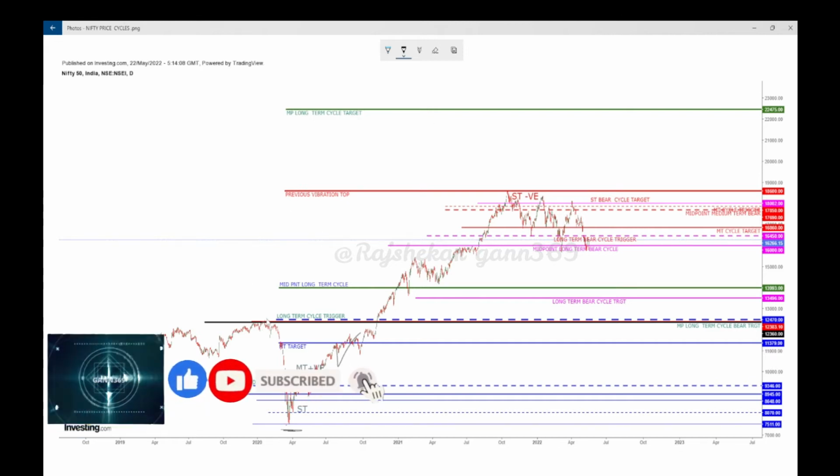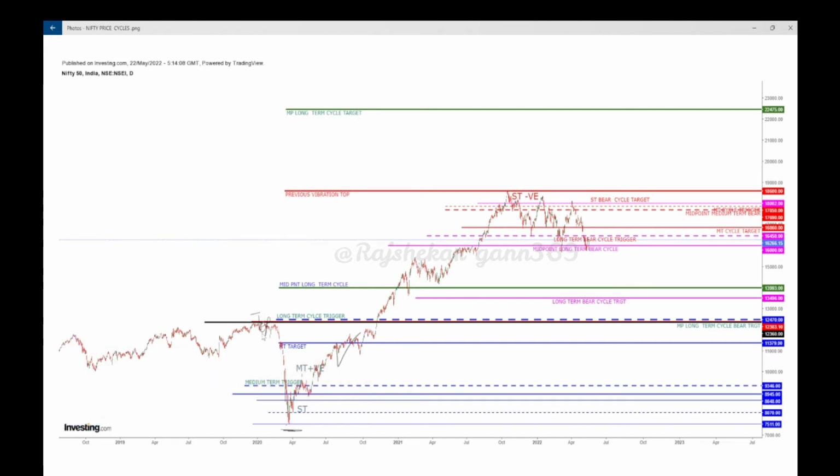So after we had this top some time back, we had a combination of bear and bull cycles and it dropped till here. And from this level to this level, this blue line was a short term bullish cycle. That was a reversal. And after this blue dotted line is the medium term bull cycle trigger.